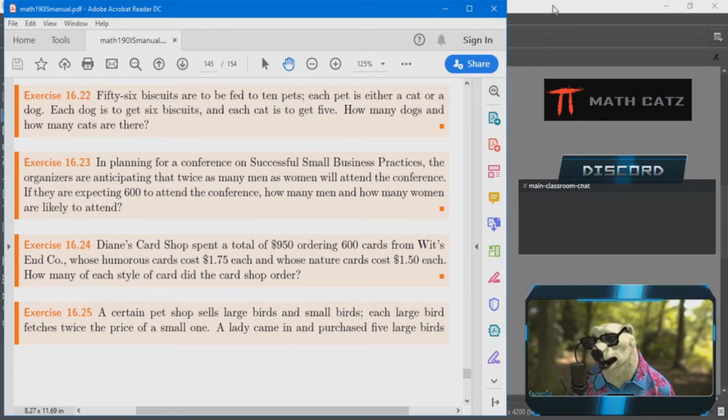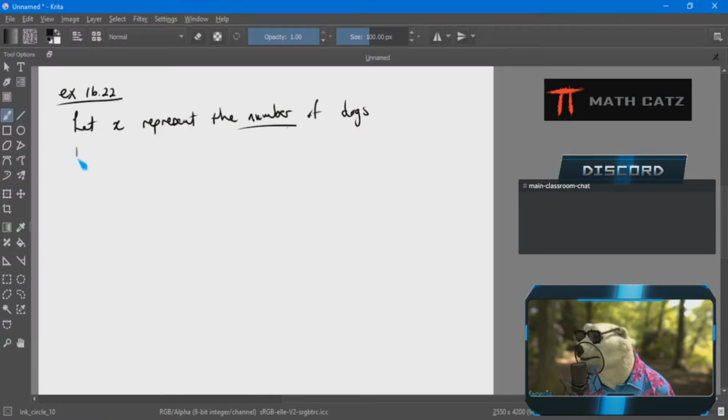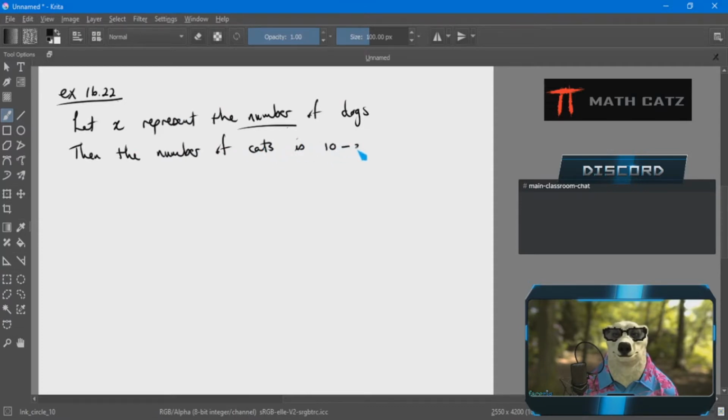So if X is the number of dogs, then the number of cats is 10 minus X. I'll put brackets around that just as a container. And that's going to make my life much easier. So I want to take care here and write full sentences, make it clear, start out on a good note.